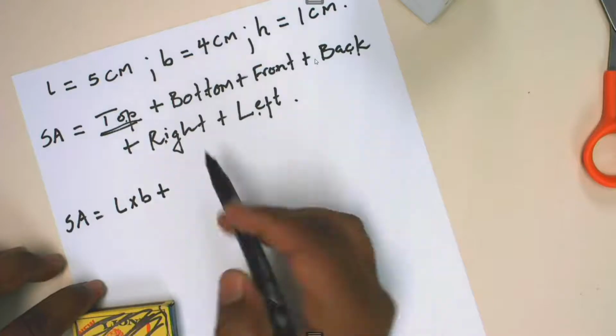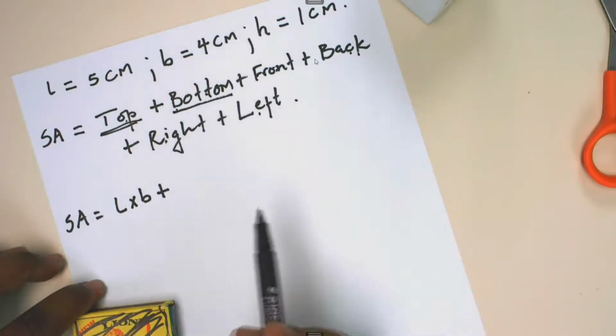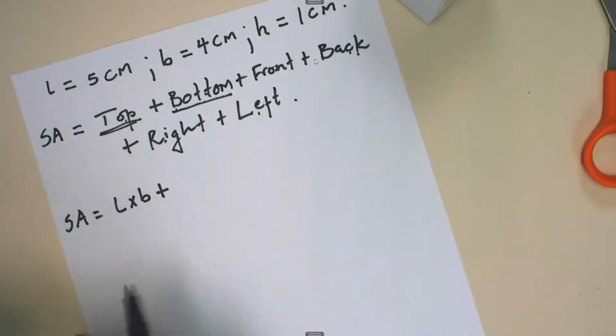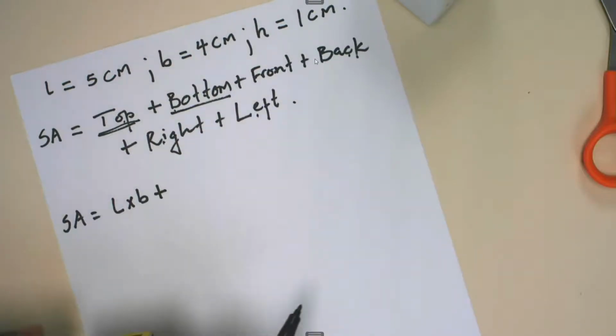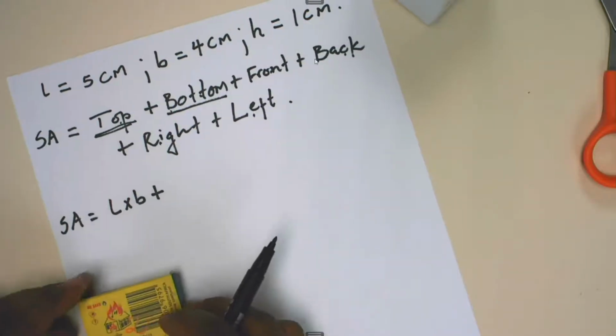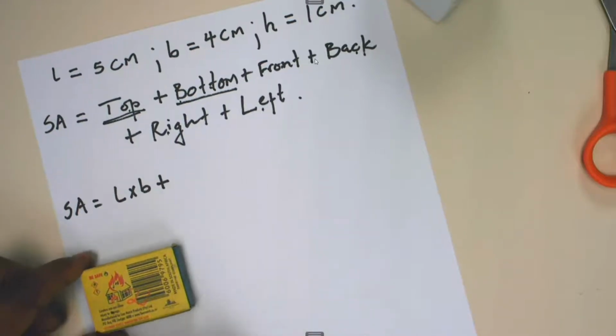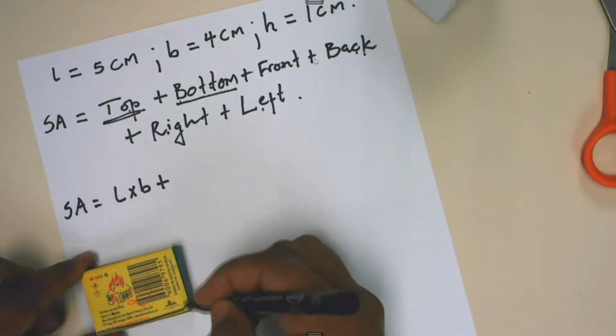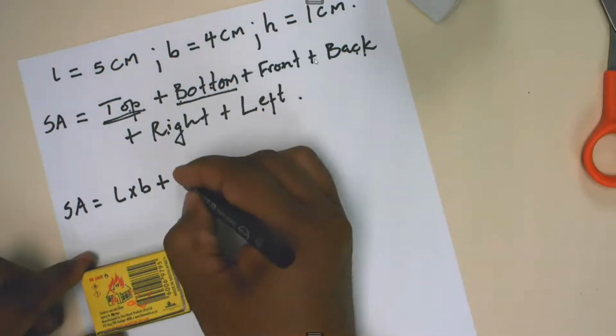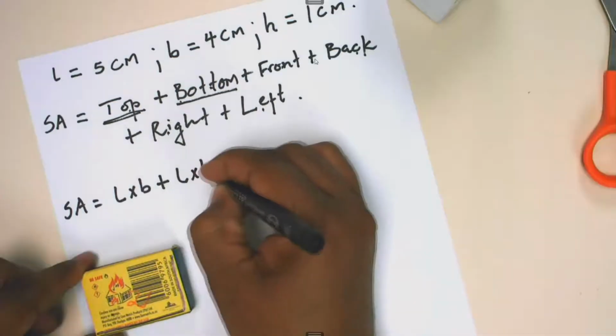Plus, now I also need to find the area of the bottom part. Look, the bottom part, if I flip this rectangular box, it is also the length multiplied by the breadth.